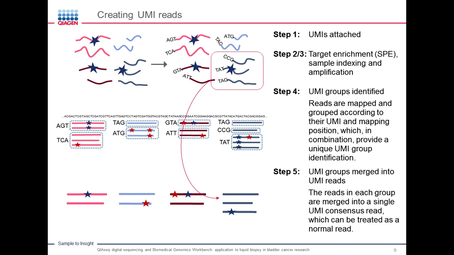In this way, the UMIs allow the generation of consensus reads that correspond to the original molecule. So your data using UMIs will basically correspond to an accurate detection and a higher consensus of the original molecules that you have in the sample before starting the sequencing.